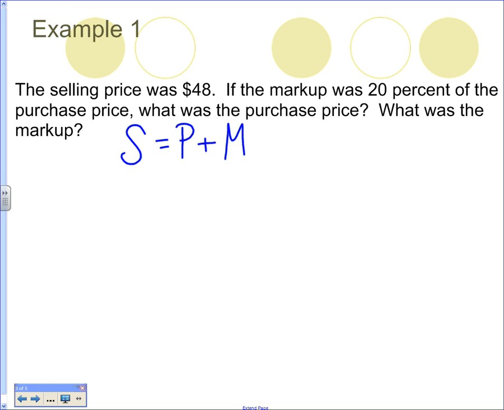So we're going to start with our formula. Selling price equals purchase price plus markup. Do they tell us any of the three? Okay, so the selling price is 48. We don't know the purchase price. What do they tell us about the markup?